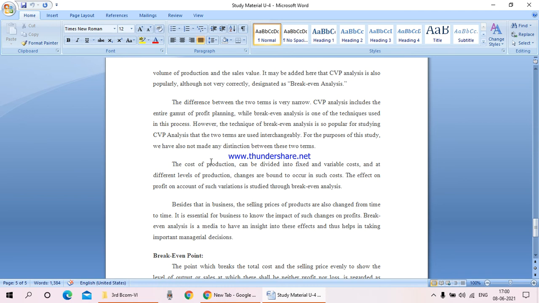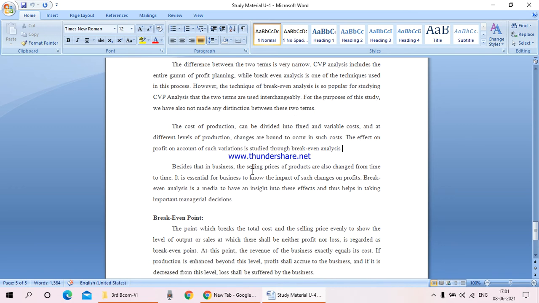So, production cost involves fixed cost, variable cost, etc. Here, an analysis is made of the effect on profit on account of variation in the variable cost, fixed cost, etc. Besides that, in business, the selling prices of products are also changed from time to time.